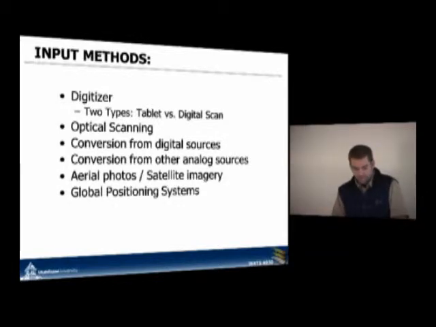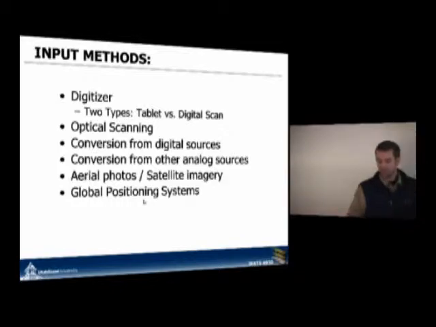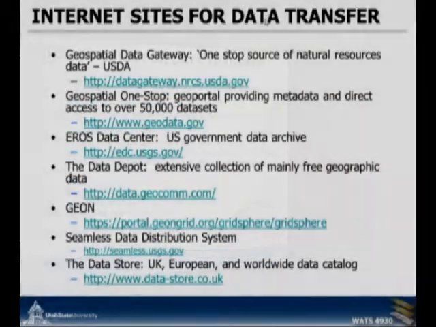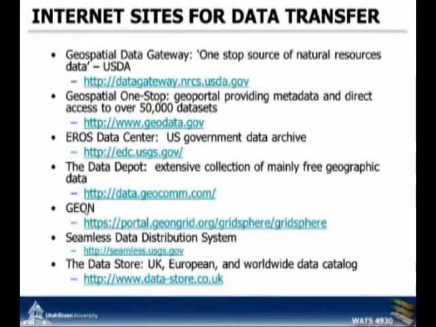You can obviously get information from a GPS or from other surveying methods that we're going to talk about later this semester. There are some sites on here. You don't have to write these down; they're referenced on your website. These are some common distribution centers you may come across.